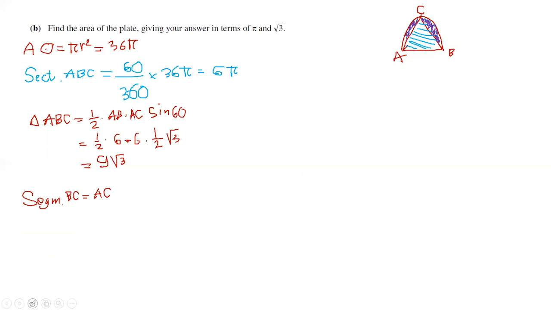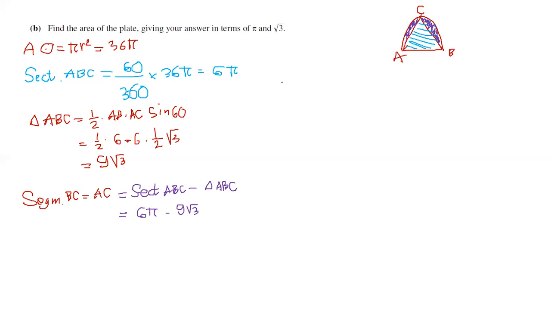So segment BC equals segment AC equals sector ABC minus the area of triangle ABC, which equals 6 pi minus 9 square root 3. This is segment BC and AC.